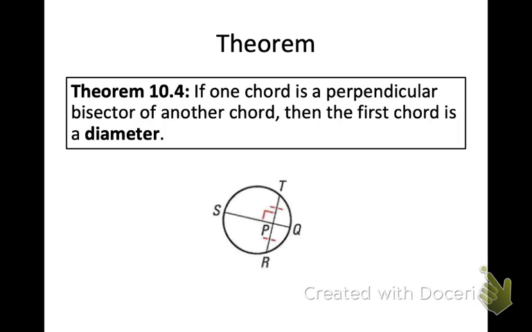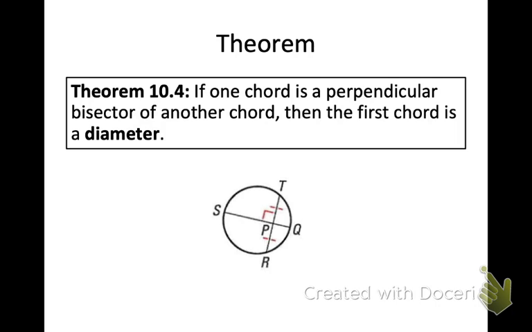The intersection is at point P. So if chord TR is a perpendicular bisector of SQ, then SQ has to be the diameter. In order to decide that SQ is the diameter, you need perpendicular, so right angles, and the bisection. So TP and RP are congruent to each other.